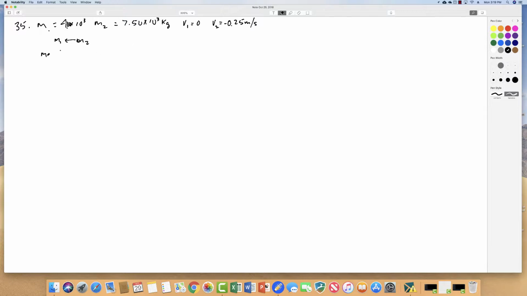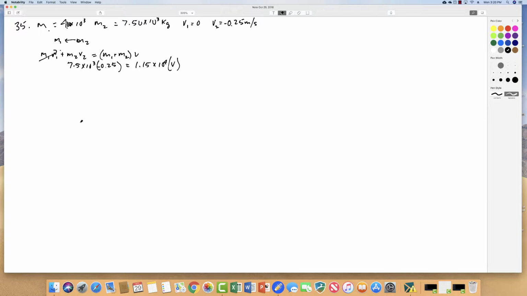So again, M1 V1 plus M2 V2 has got to equal the docked mass together times the new velocity. This is 0 because V1 is 0. So you have 7.5 times 10 to the third times 0.25 has to equal the sum of these two, which is 1.15 times 10 to the fourth. 7.5 plus 4 is 1.15, and increase by one number there, times v, the new velocity.